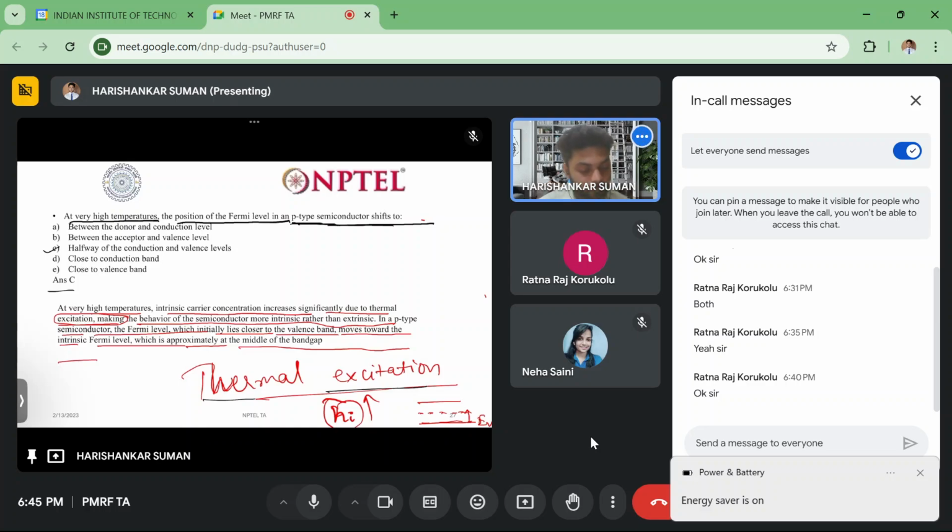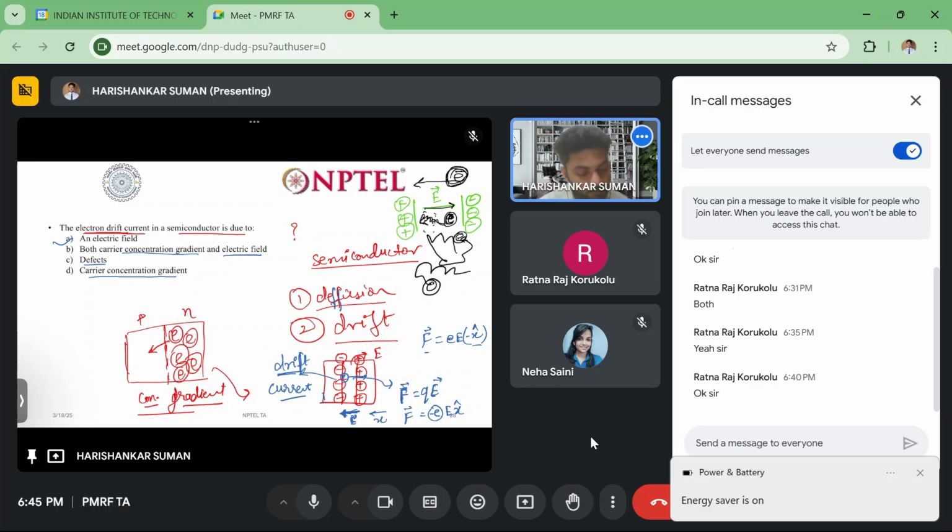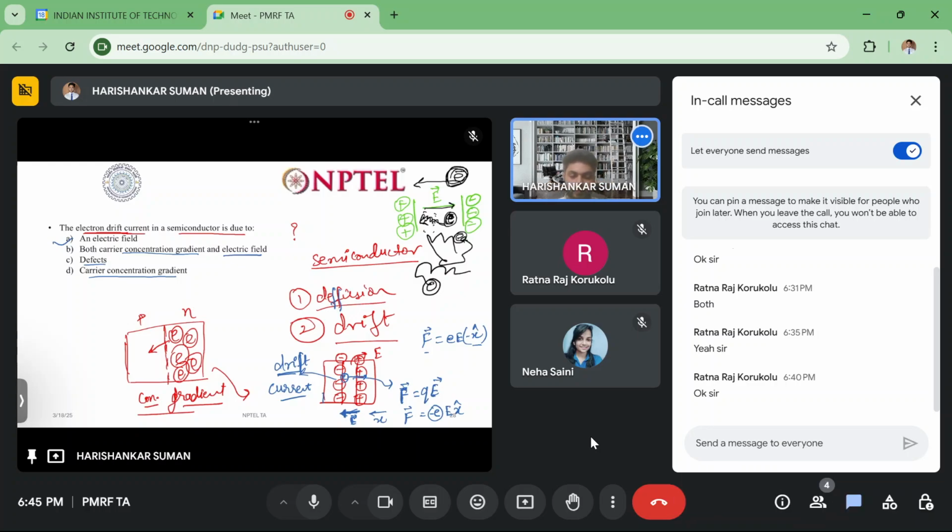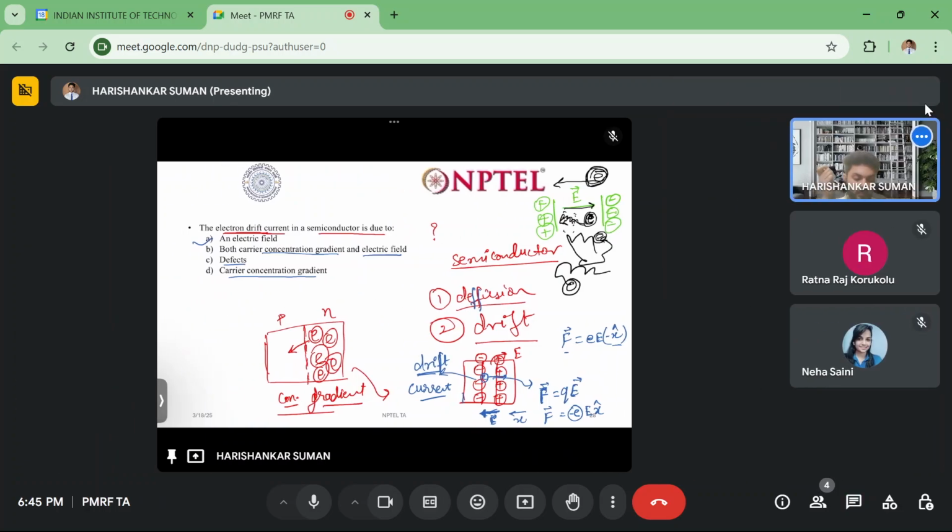Okay, the electron drift current in a semiconductor is due to? We know drift. Why is it drift?